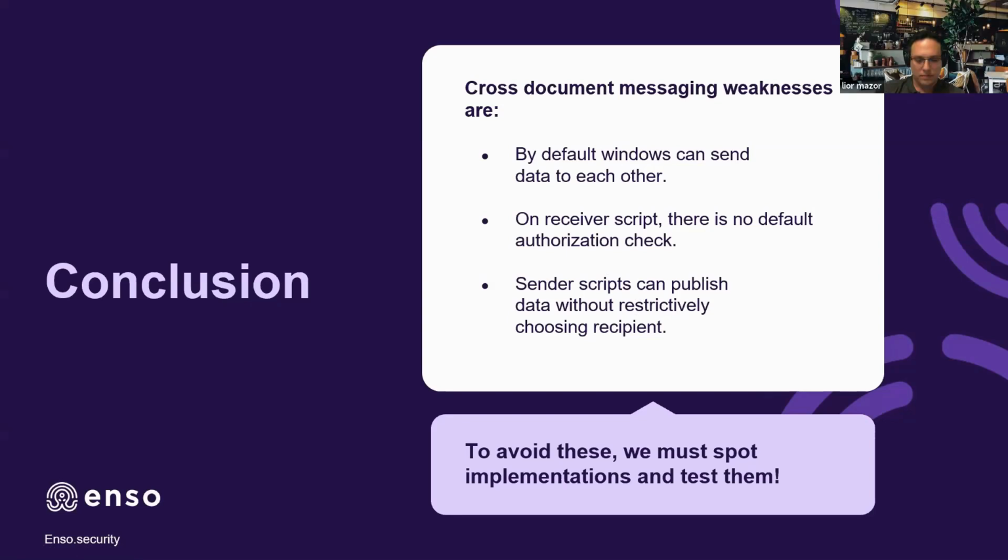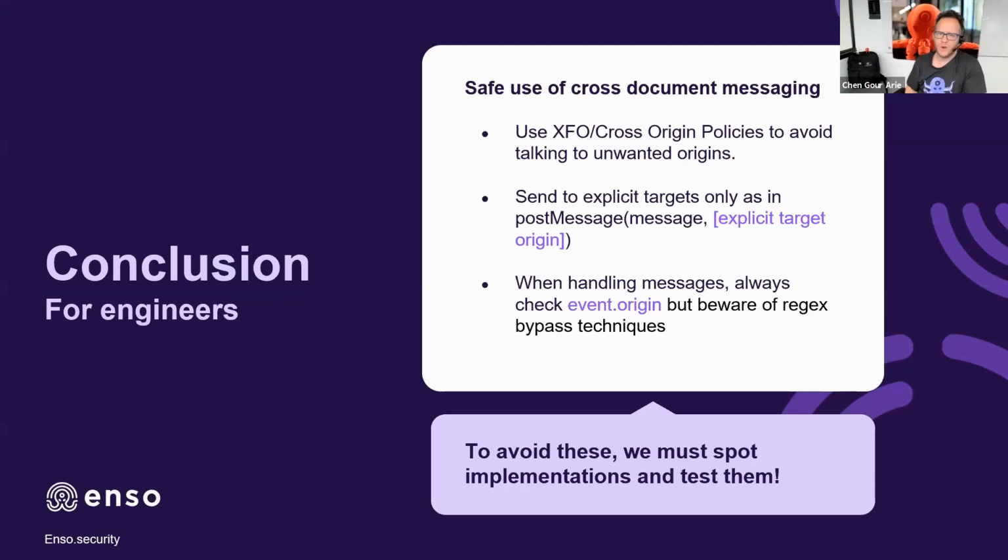For the engineers amongst us who want to implement web cross-document messaging and stay safe, first of all, try to restrict the runtime environment, so as to avoid loading as much as you can in risky scenarios. If you only want to be cooperating with one origin, restrict to this origin. Allow only this origin to work with you.